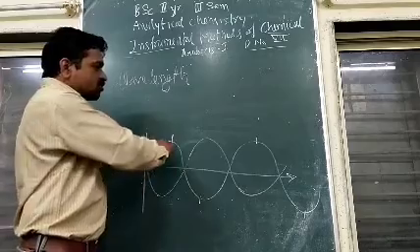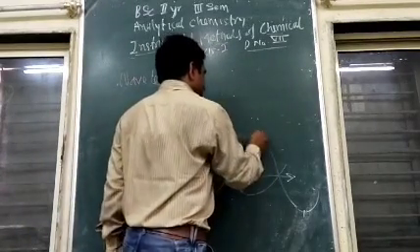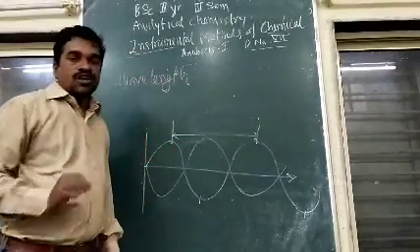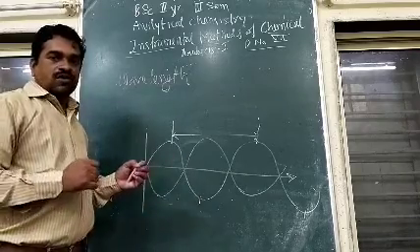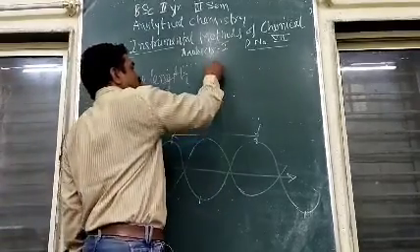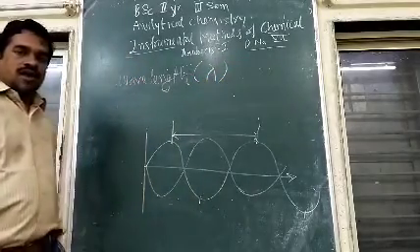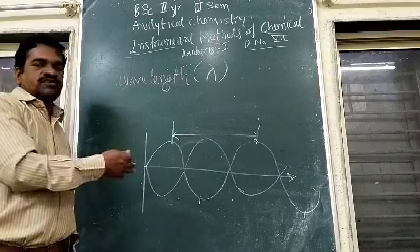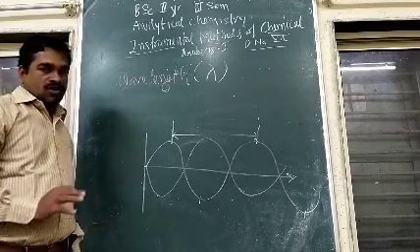Now the distance between these two, this length, is called the wavelength of that wave. It is denoted by lambda.